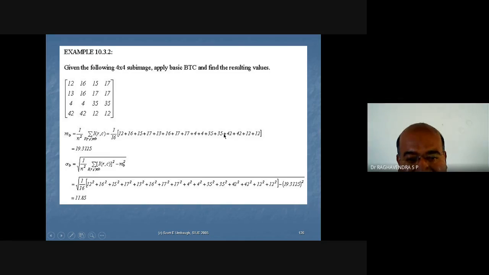We have taken the summation of all the grade levels. So what is the total?